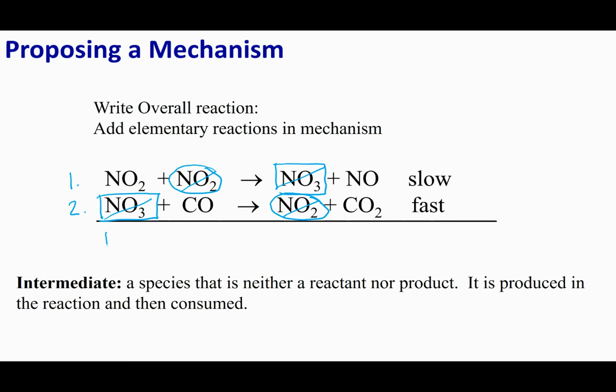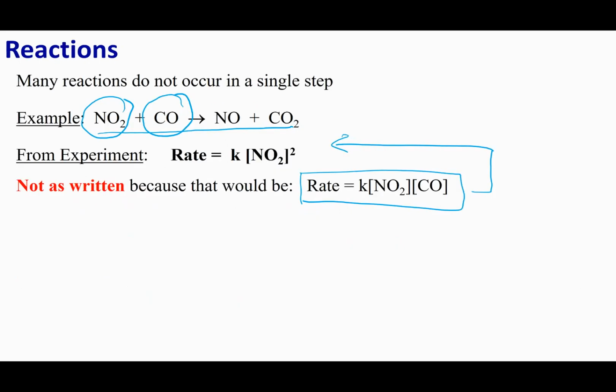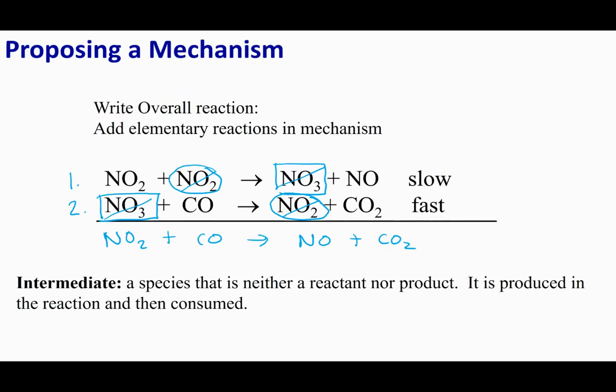Now, if I write this reaction, NO2 plus CO gets me NO plus CO2. You guys will note that this is exactly the reaction that I was trying to study or propose a mechanism for. So I'm good so far.